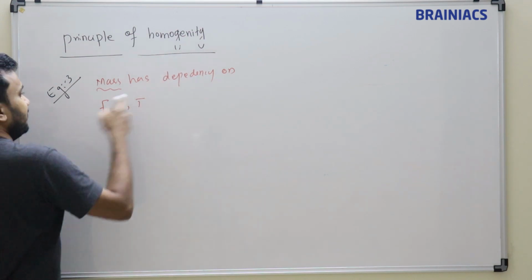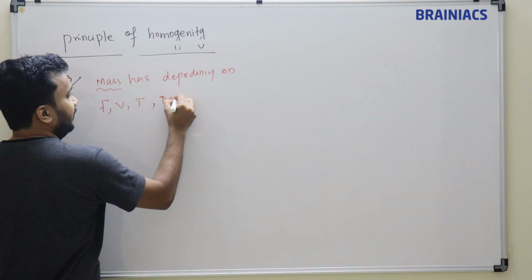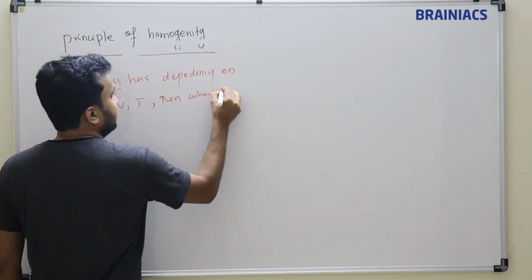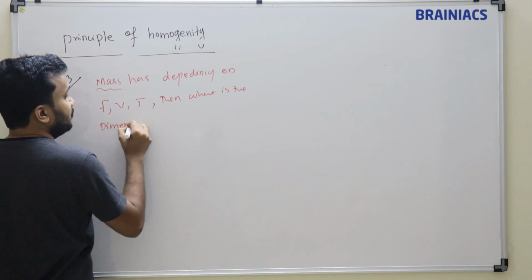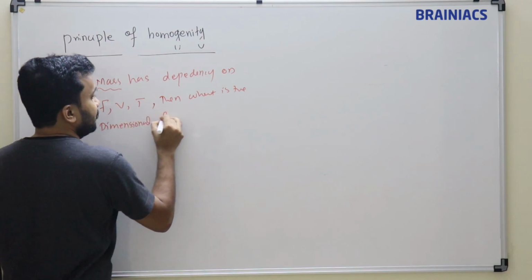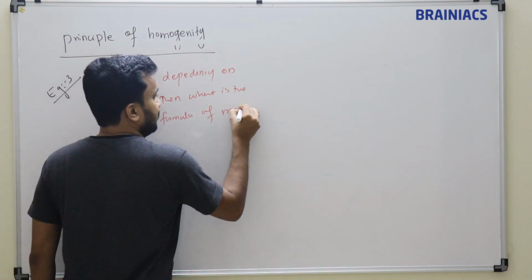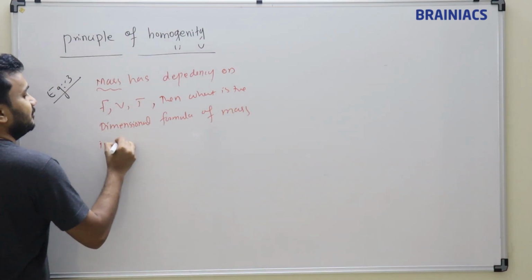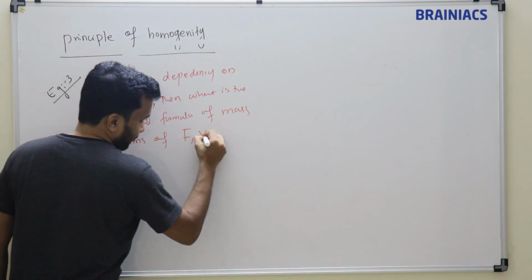You know the dimension formula of mass, right? Then what is the dimensional formula of mass in terms of F, V, and T?